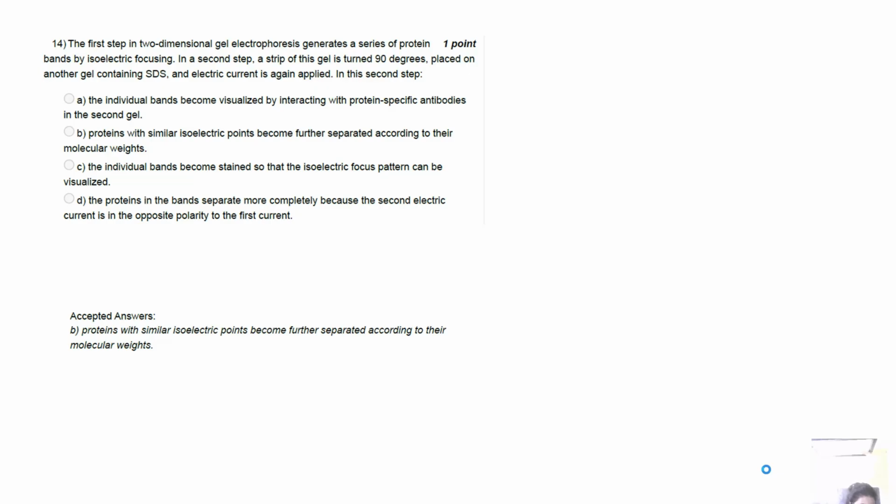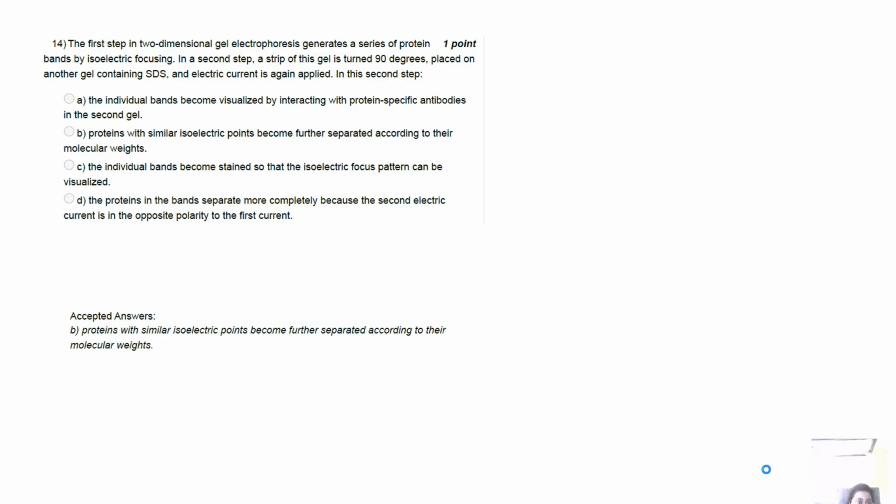The strip is then placed perpendicular, at 90 degrees, on top of an SDS PAGE gel. When electric current is applied again, proteins migrate according to their size. Smaller proteins move faster through the gel. Therefore, in the second dimension, proteins that have similar isoelectric points in the first dimension are separated according to their molecular weight by SDS-PAGE.